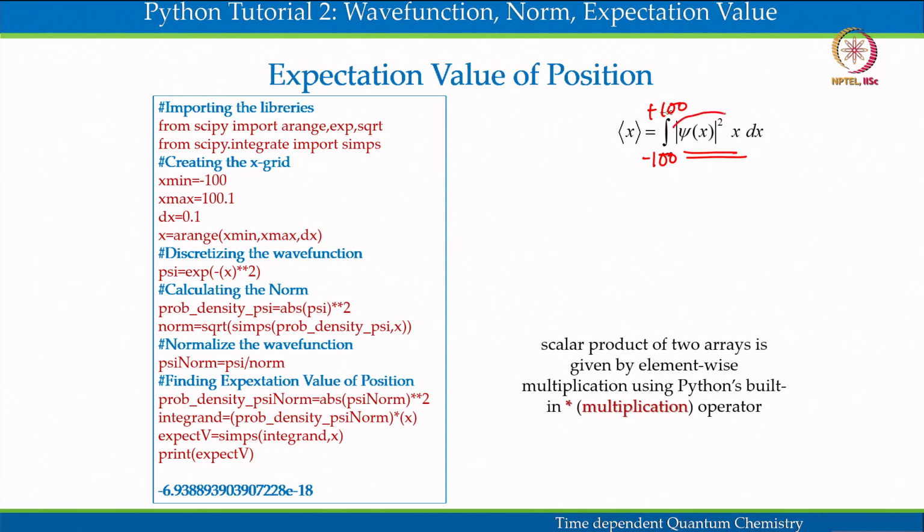This entire part is going to be y. In the Simpson rule I have to specify y, and y is going to be this part, and x is the x grid. Over the x grid it will sample the y values and then integrate.